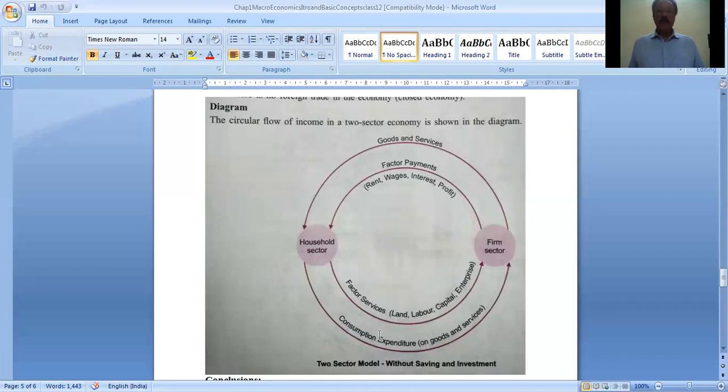That is, they spend it on goods and services. So they will spend on consumption expenditure on goods and services.